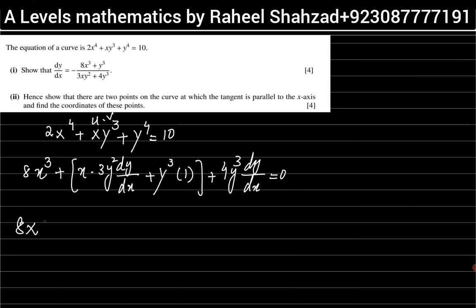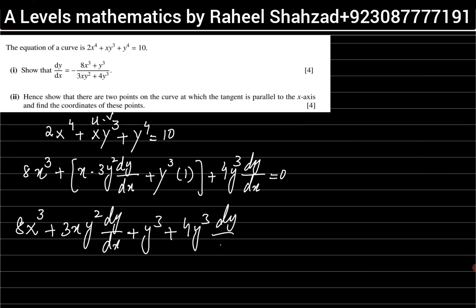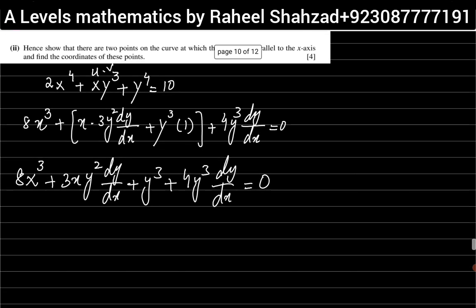So that is going to be 8x cube plus 3xy square dy by dx plus y cube plus 4y cube dy by dx is equal to 0.